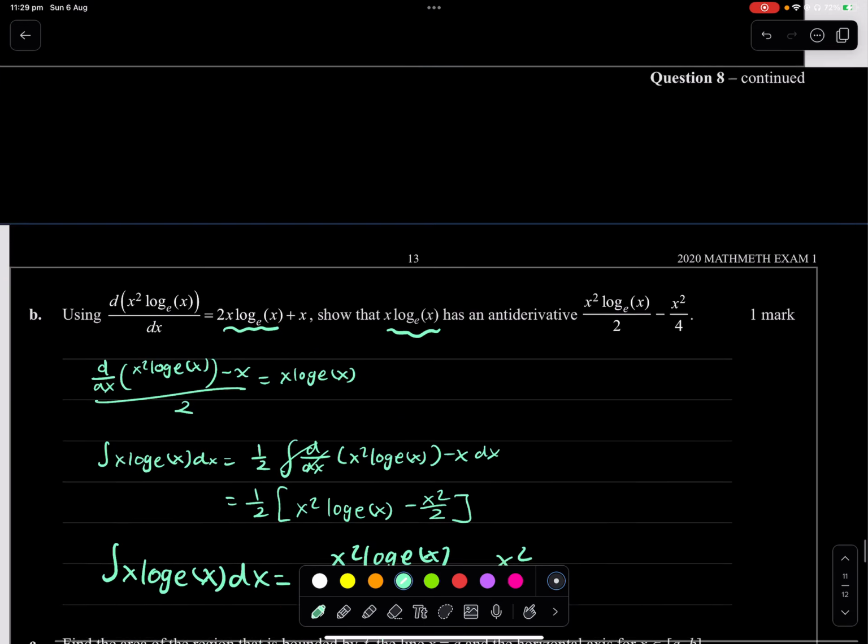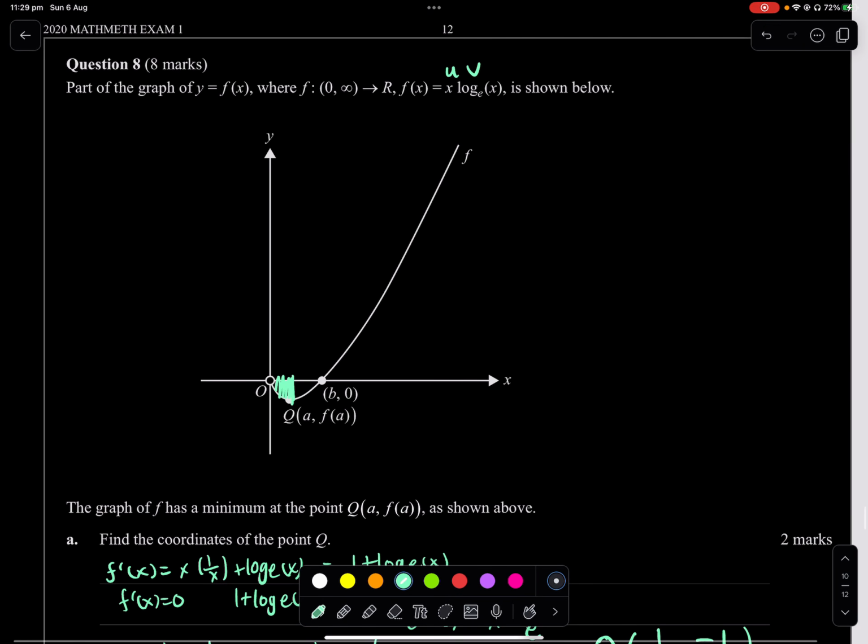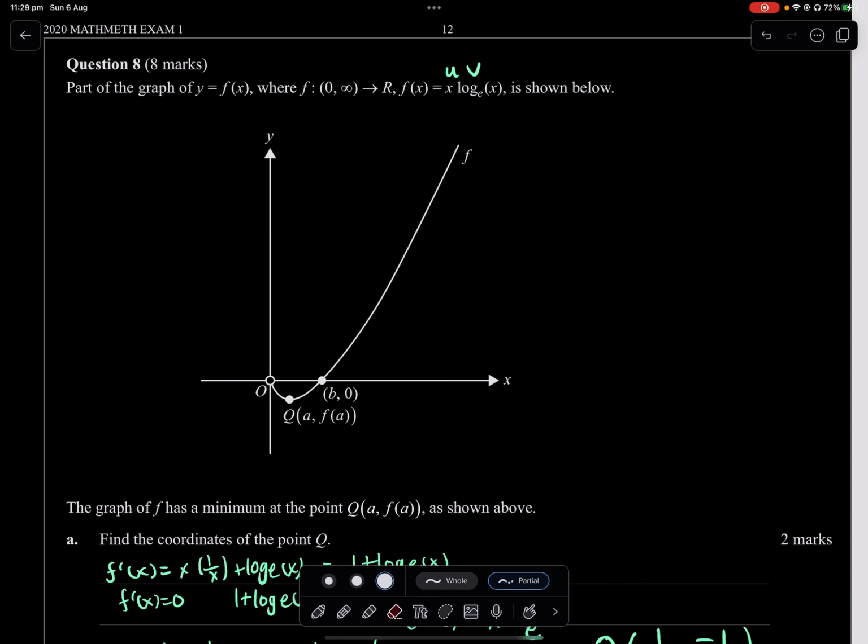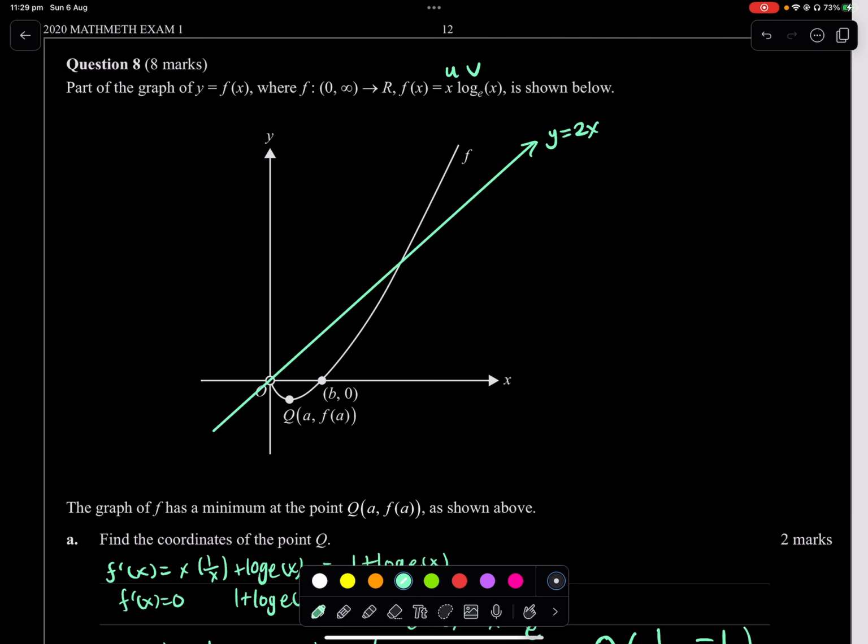So this is what I think they're trying to tell us: y equals 2x must be a tangent. So this is y equals 2x, right? It passes through 0, 0 and it's like this. That's your y equals 2x. And this is your graph of f of x. Because it's been translated k units upwards, it will look like this.